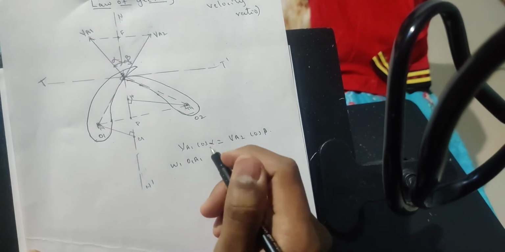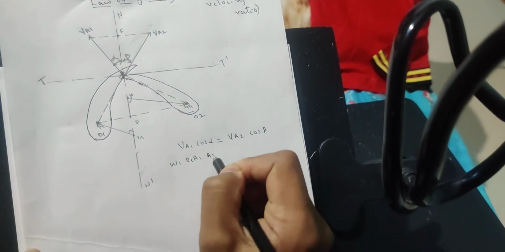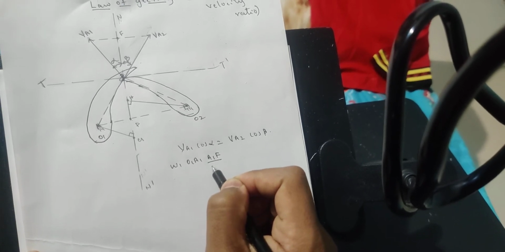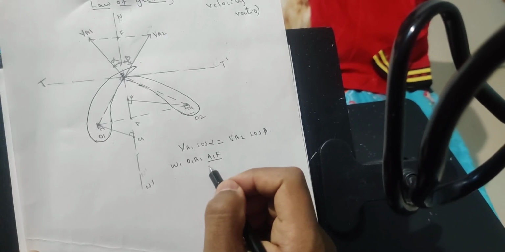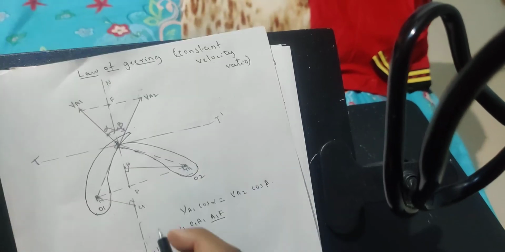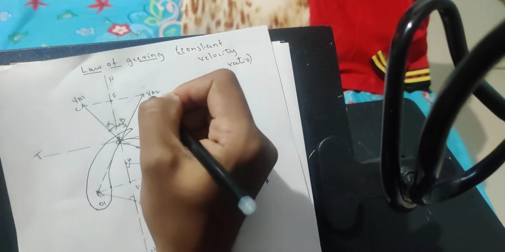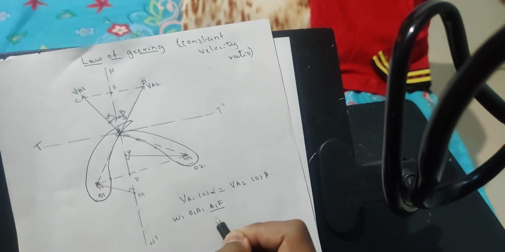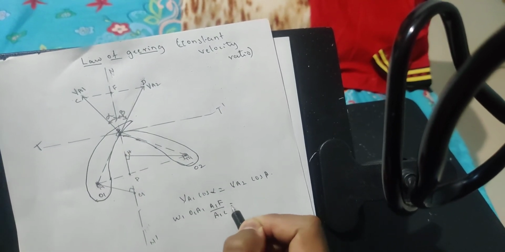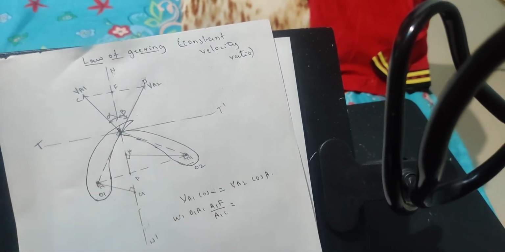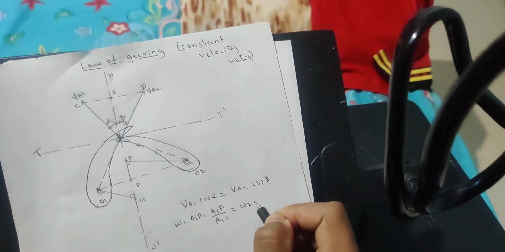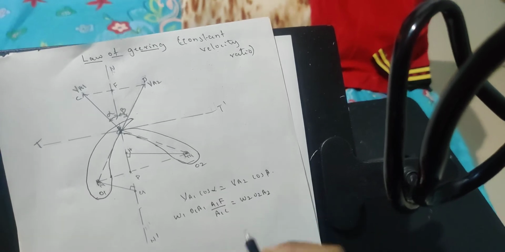So it will be equal to A1F upon A1C. I can name these points as C and D. So A1F upon A1C should be equal to, when I talk about the second component, omega 2 into O2A2.